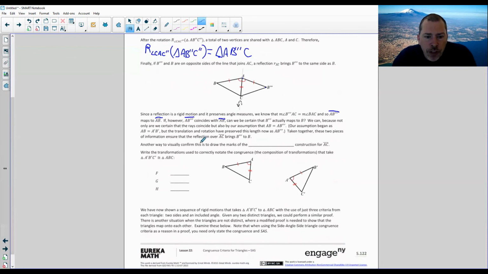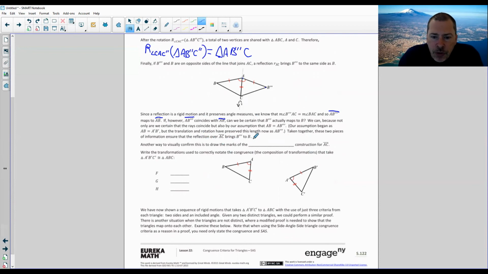Another way to visually confirm this is to draw the marks of the construction for AC. So what do we have to construct? How are we going to confirm this? How do we know that something is going to reflect across?